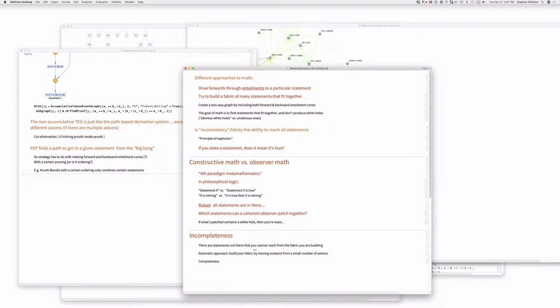So now completeness is, let's see, inconsistency. Inconsistency is you're building outwards from the axioms and you hit a white hole.